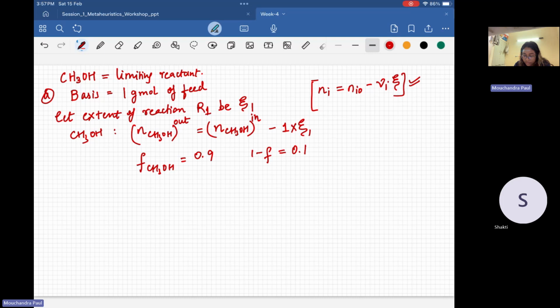All right. So we took a molar basis of 1 gram mole, right?